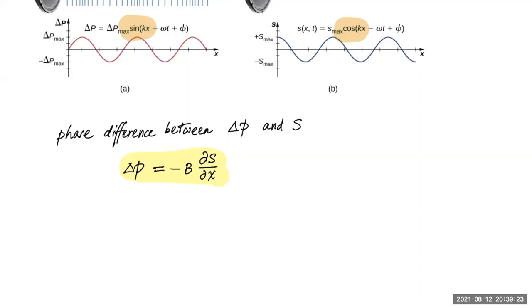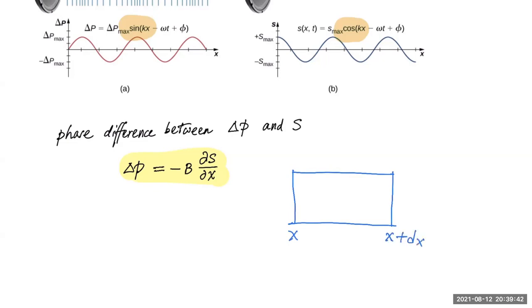So consider a segment of the air, this segment here. This is at location X, and that's the location X plus dx.